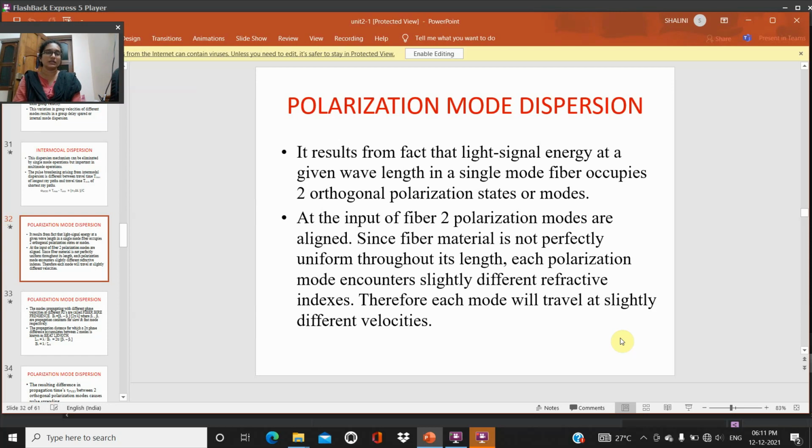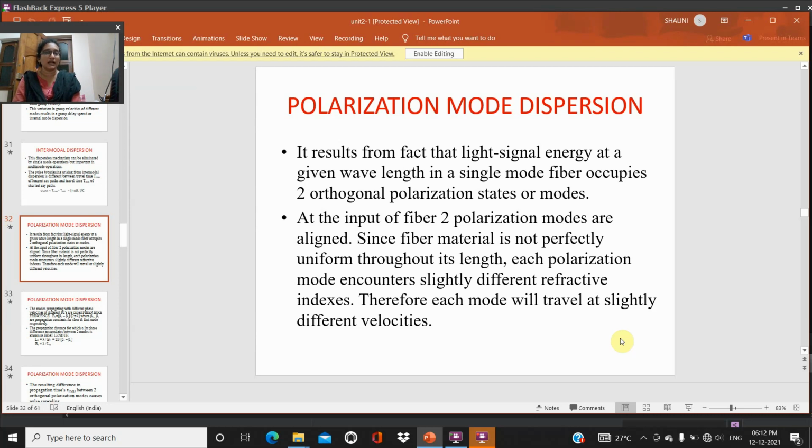At the input of the fiber, two polarization modes are present. Since the fiber material is not perfectly uniform throughout its length, each polarization mode encounters slightly different refractive indices due to the non-uniformity in structure.